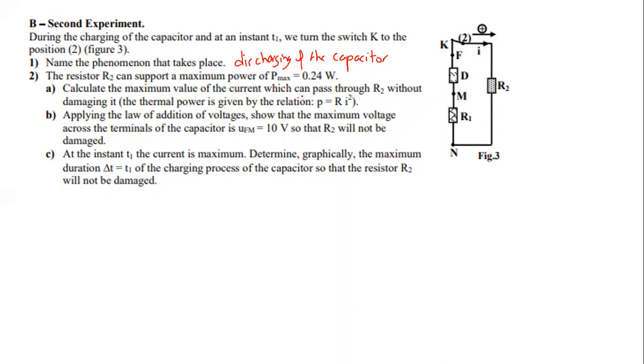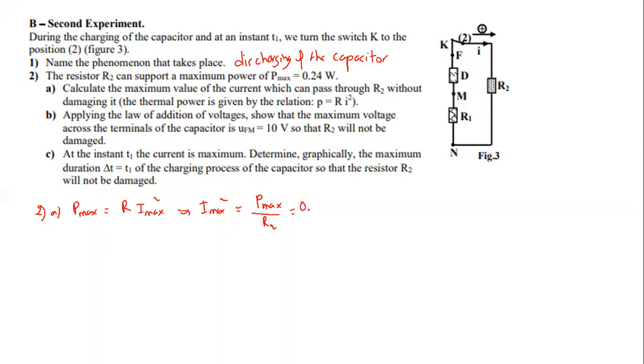In order to find the maximum current, for a resistor, the power can be written in the form P equals R i squared. So here, in part 2, P maximum equals R i maximum squared, which means that i maximum squared is equal to P maximum over R2.